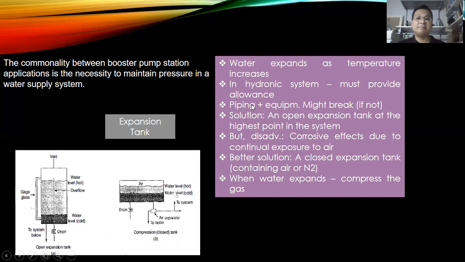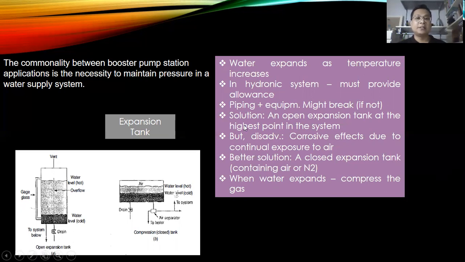A hydronic system must provide the allowance. So we try to set the limitation so as not to cross that condition. Otherwise piping and equipment might break, of course. We try to keep the pressure.